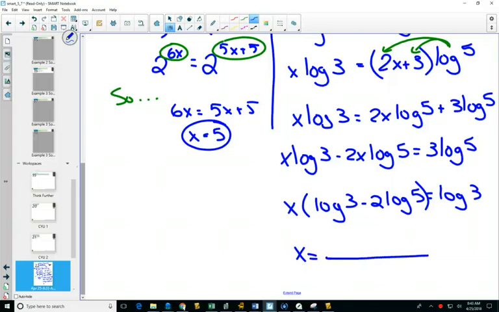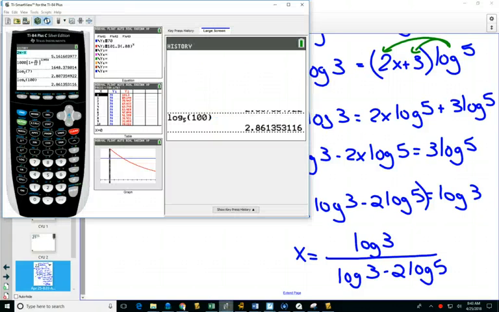And once you've done that, you can divide. And this is where the calculator comes in. You can type this entire thing into your calculator to find your answer.